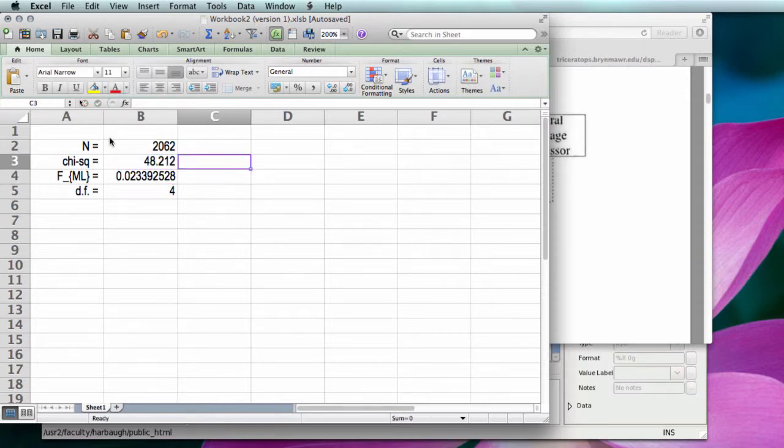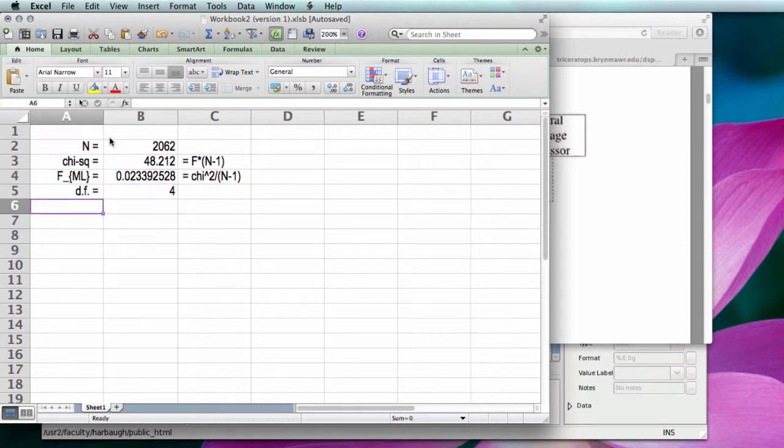And again, just to confirm, the chi-square is equal to f times n minus 1. And f then, by consequence, would equal chi-square divided by n minus 1. So that's the fit function that it calculated.